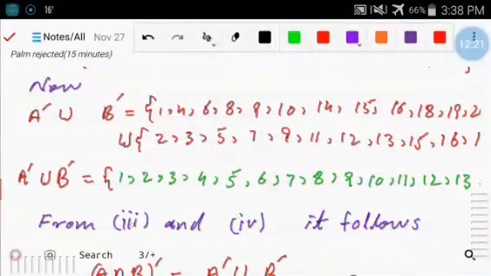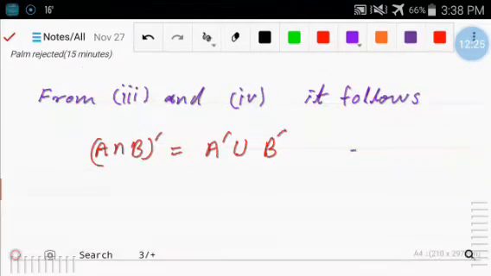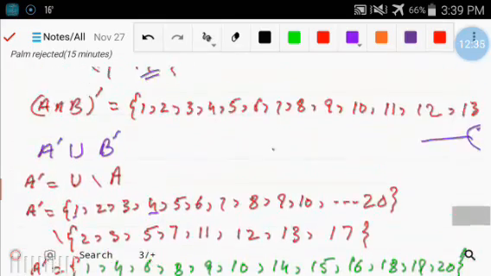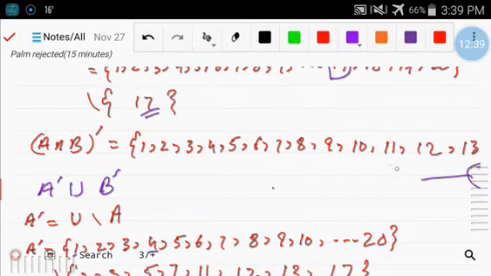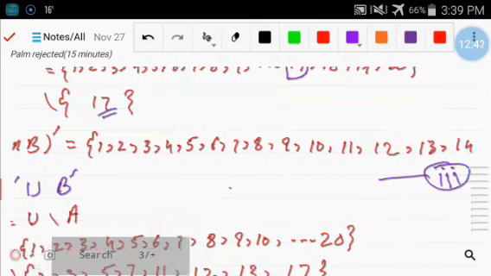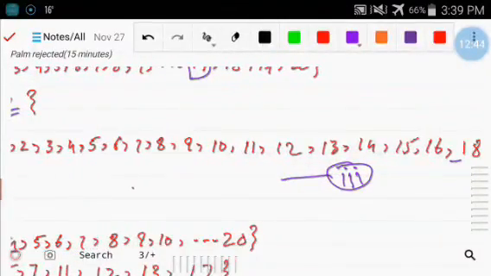From equation number 3 and 4 it follows that A intersection B whole complement is equal to A complement union B complement, meaning that left hand side is equal to right hand side. Equation number 3 is equal to 1, 2, 3, 4, 5, 6, 7, 8, 9, 10, 11 except 17.